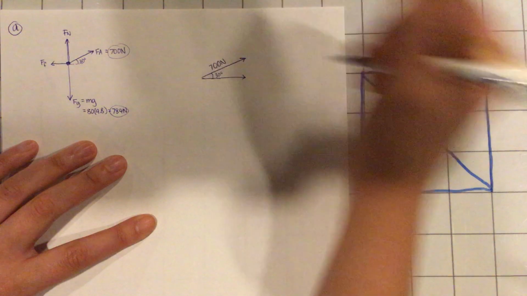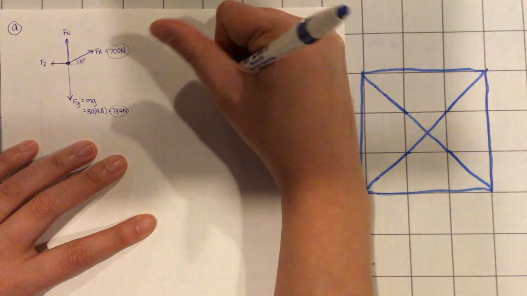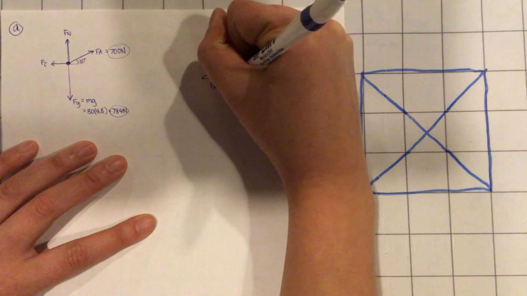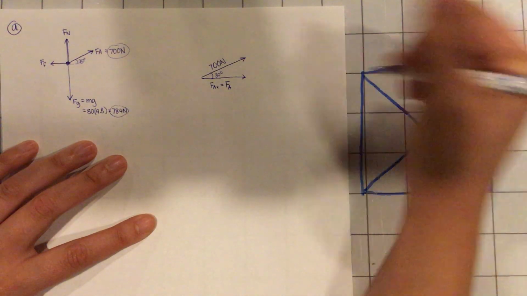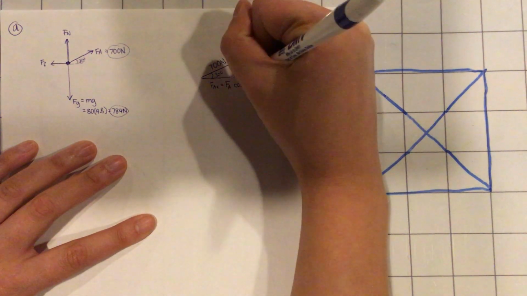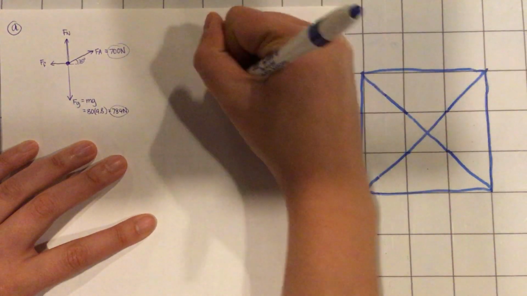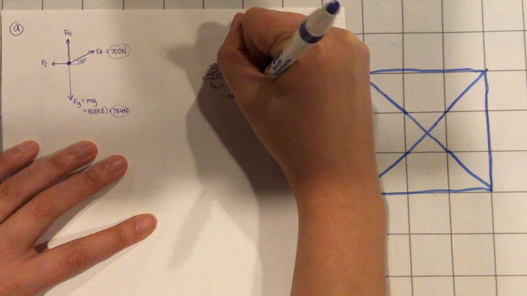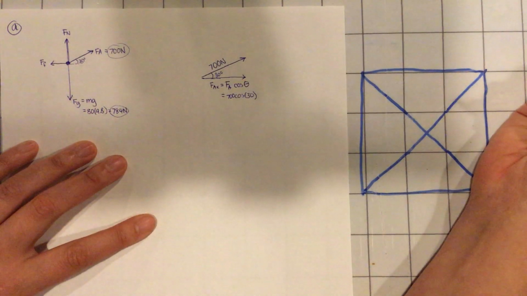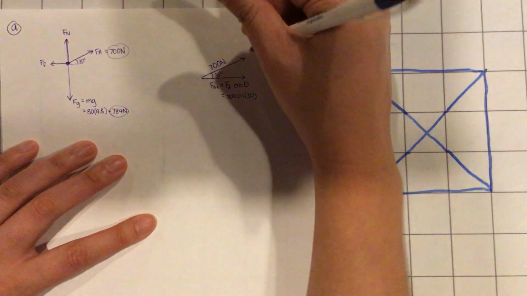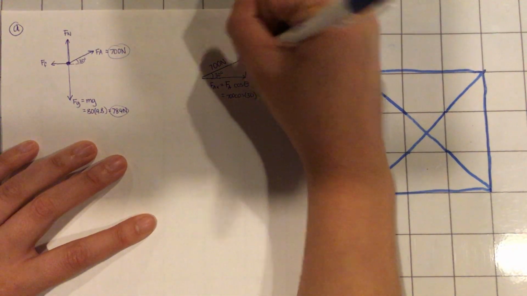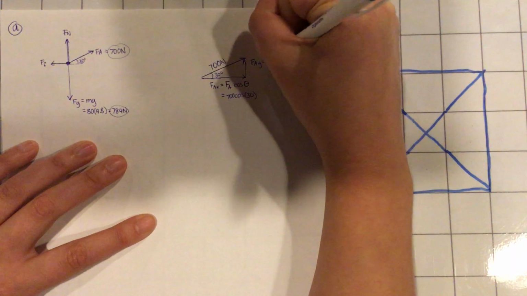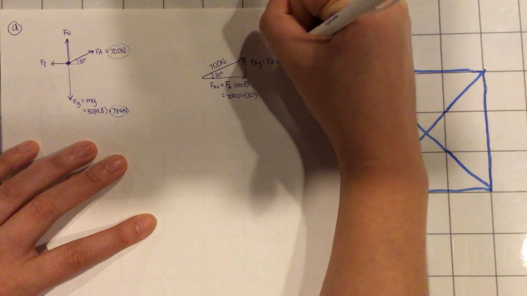Recalling from way back when, the x component of this force, FAX, would be FA, the magnitude of the hypotenuse, times cosine 30 degrees, or in this case 700 cos 30. The y component, FAY, would be the magnitude of FA times sine of 30 degrees.